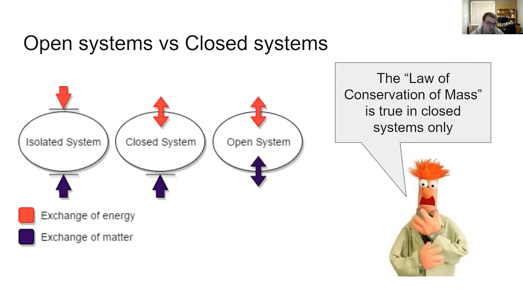But in many cases, what is actually happening is we have a reaction that is occurring in an open system, like a combustion reaction, typically occurring in the open space of a room, and we're producing carbon dioxide and water in many cases, and that is spreading out into the environment of the surrounding room. And what that means is that mass is going to be lost to the surrounding environment. And it will look like we're destroying the material that is actually present in our sample when we are combusting it. But all we're actually doing is redistributing it around the surrounding environment.